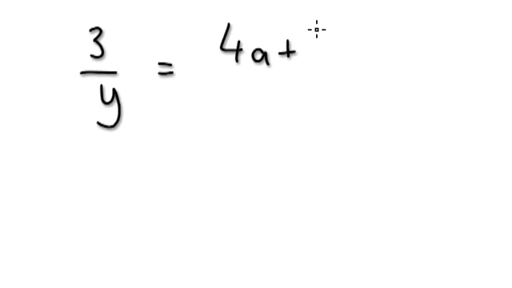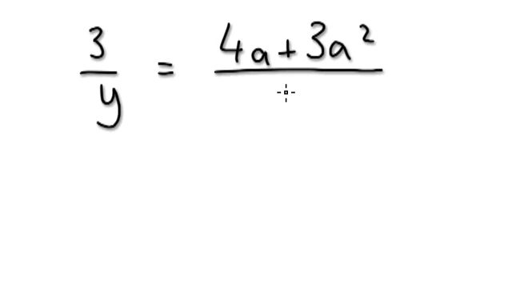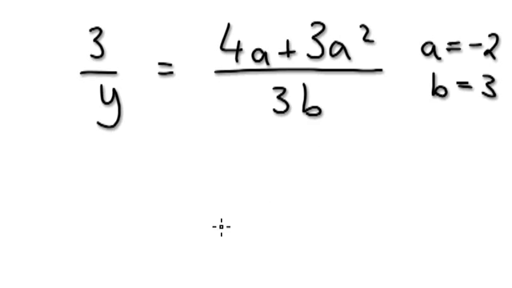Okay. Let's give you this next one here. 3 over y equals 4a plus 3a squared over 3b, and a equals minus 2 and b equals 3.